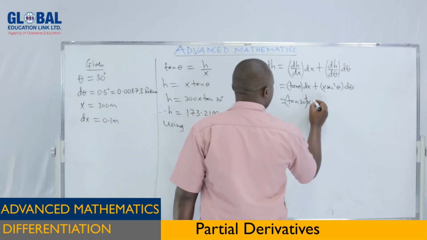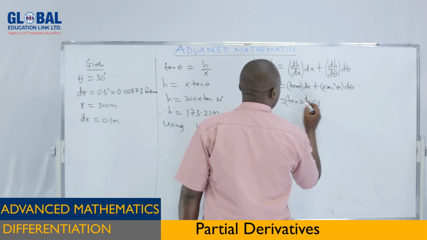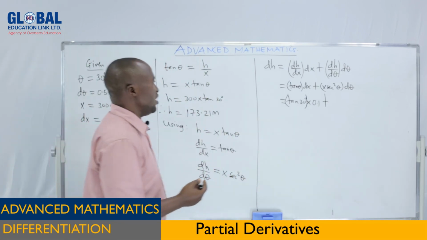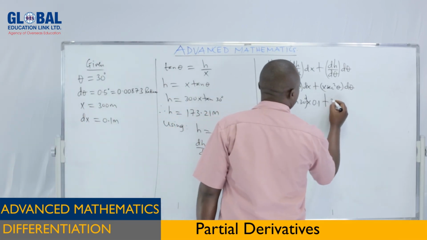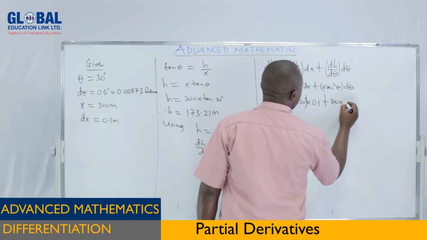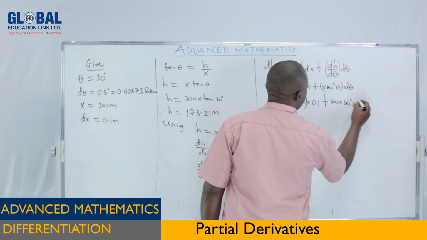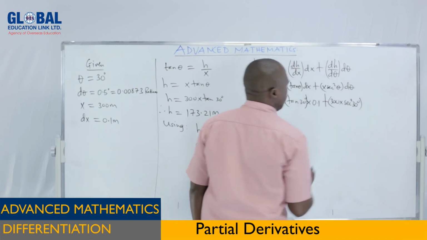So here we have 0.1. Now this plus x sec squared theta, that is 300 times sec squared 30, times d theta.